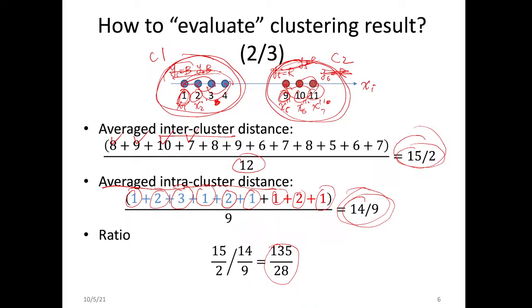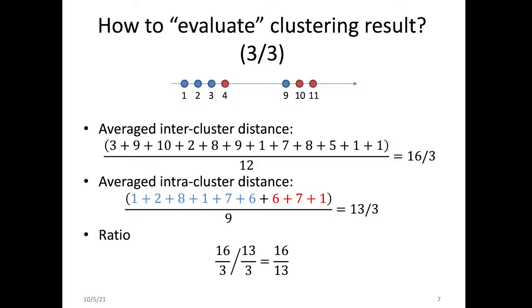So if this is larger, that means intercluster distance is larger, which is what we want. And that might also mean that the intracluster distance is smaller, which again is what we want. So when this value is larger, perhaps that means we have a better clustering result.